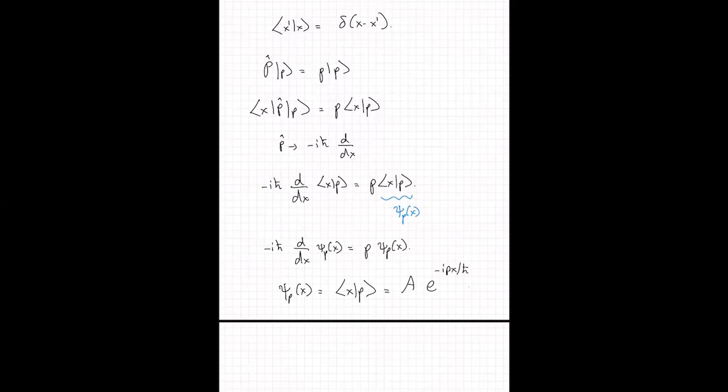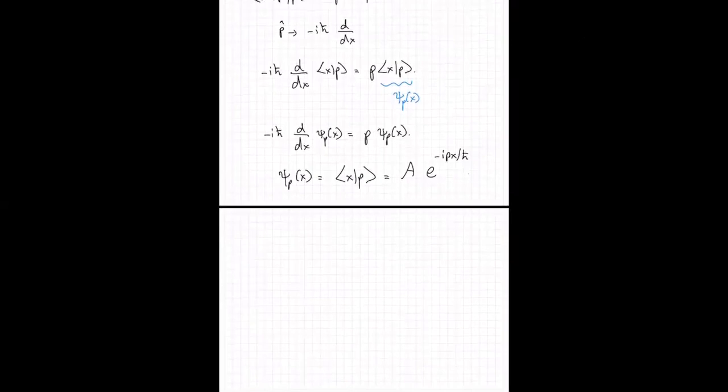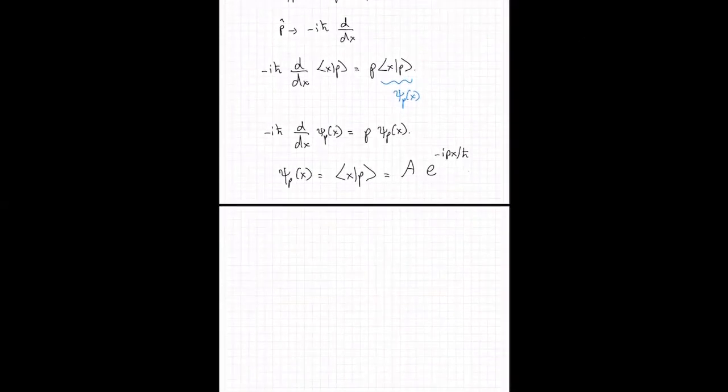I'll try to get the factors of h bar and the overall factors right in this lecture. Let us see how successful I am. Now I can always choose my A as 1 over the square root of 2 pi h bar, so psi_p(x) is that times e to the i p x over h bar.